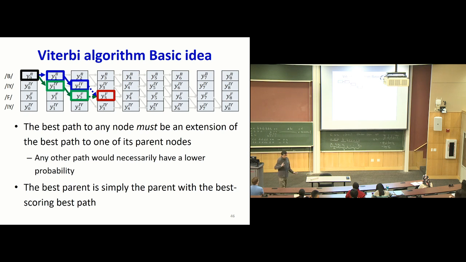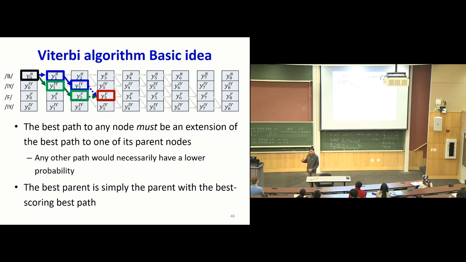You just observe the best path. Now consider this node. That node has only two parents. There are only two places from which you can come to this node. You can come to this red node either from this blue node or from this green node. So the best path to the red node must either be this guy going to this blue node and coming down, or this guy going to this green node and coming down.